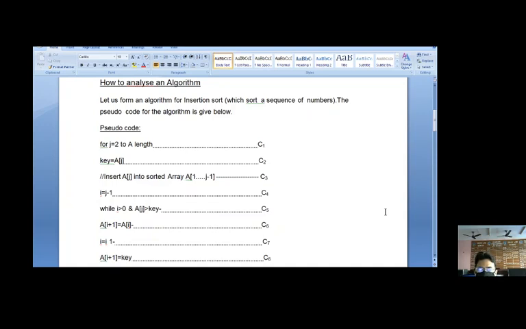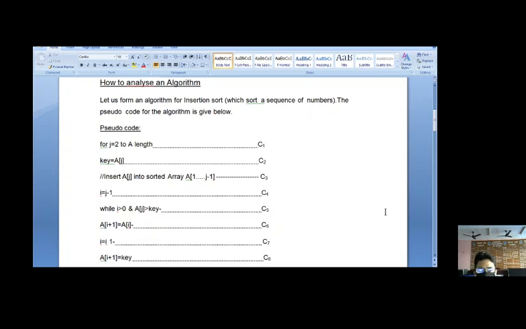These are the cost terms, and we have assigned a cost function to each step. I am just giving you a brief idea of this pseudocode. When we initialize from index 2 up to the length of A, there is a for loop. It will run for n minus 1 items, and each item will be taken as the key element one by one.